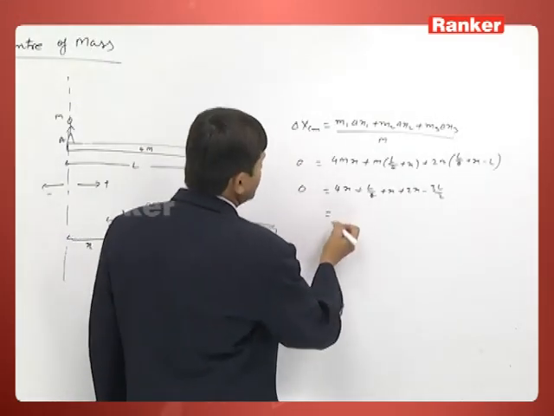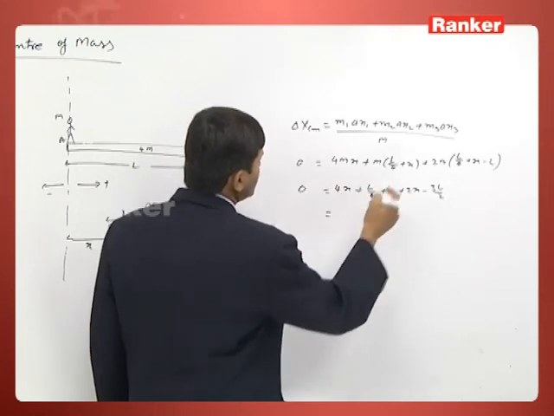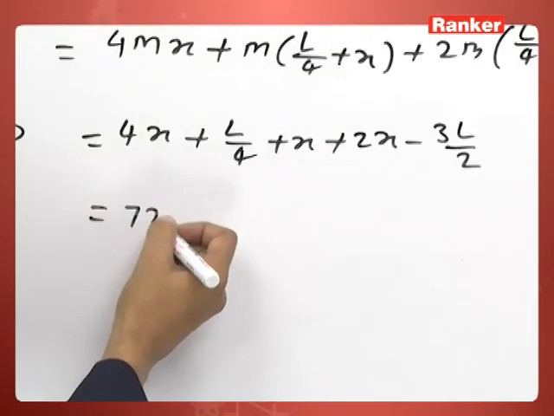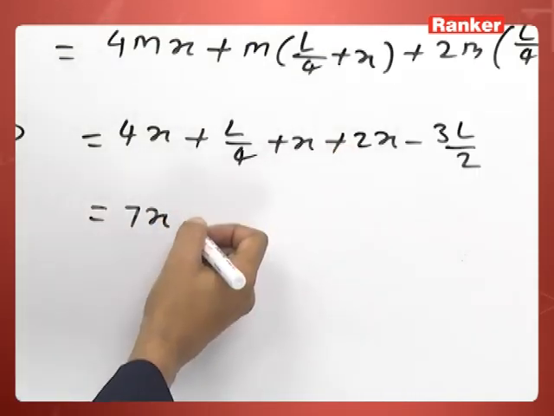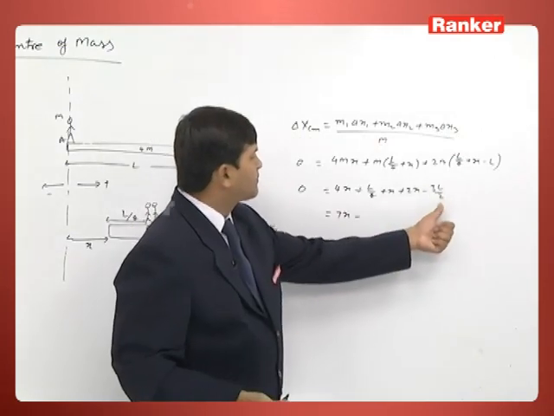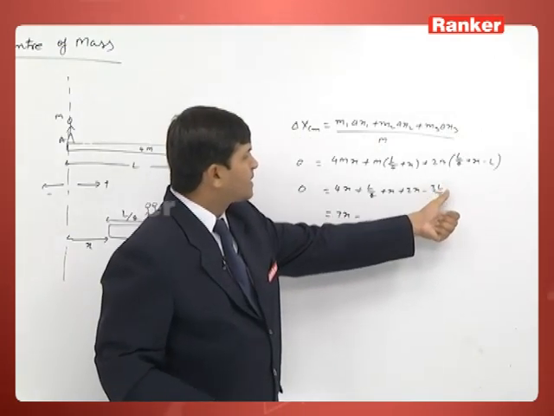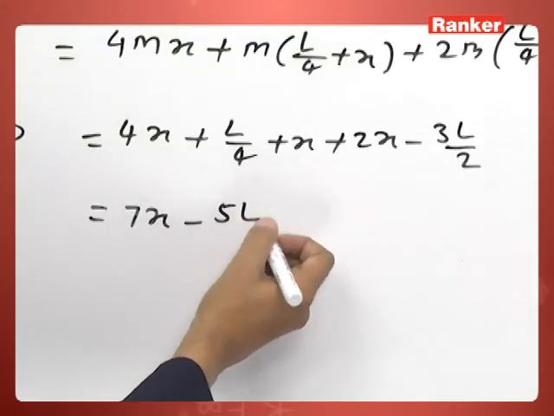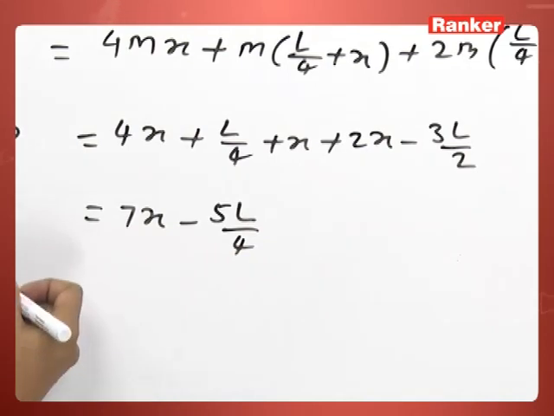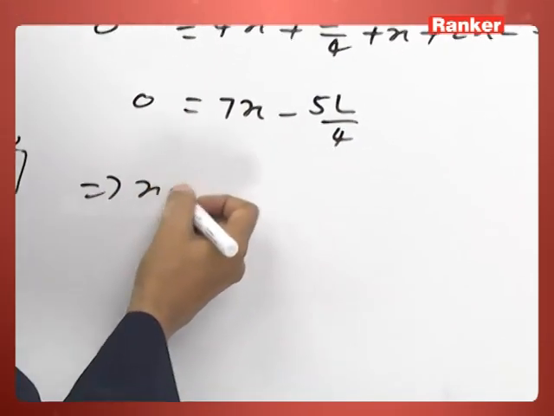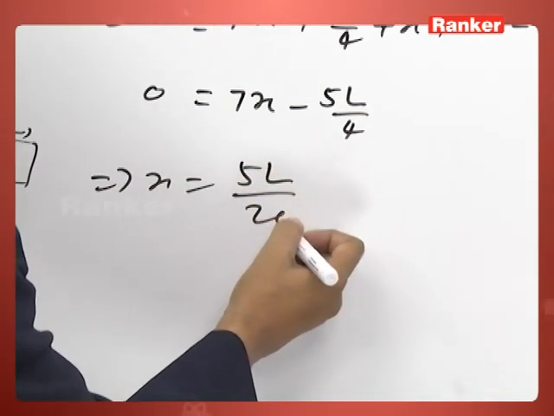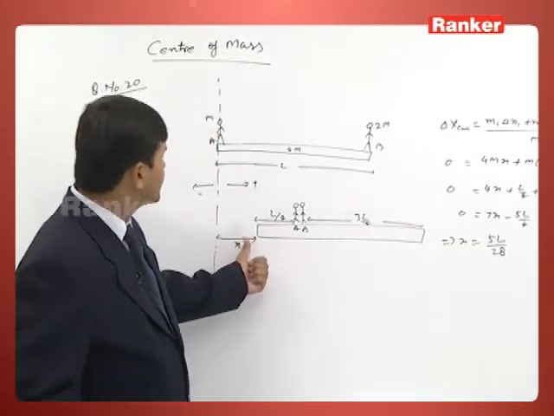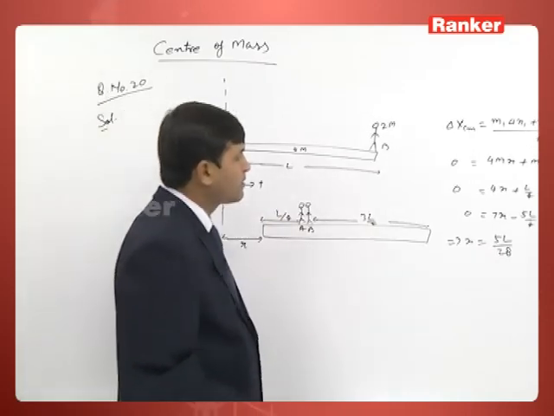Now we can simplify: 4x plus x plus 2x, 7x, and this 3L by 2 can be written as 6L by 4 minus L by 4, minus 5L by 4. So x is equal to 5L by 28. The shift in the center of mass of the boat is 5L by 28.